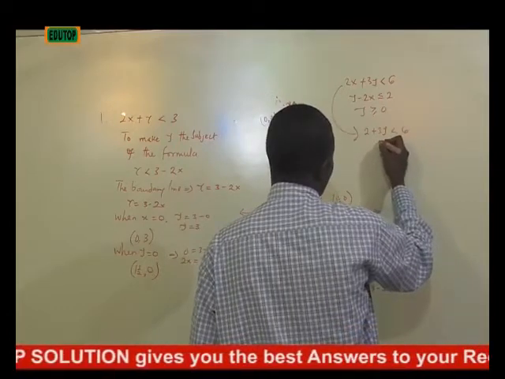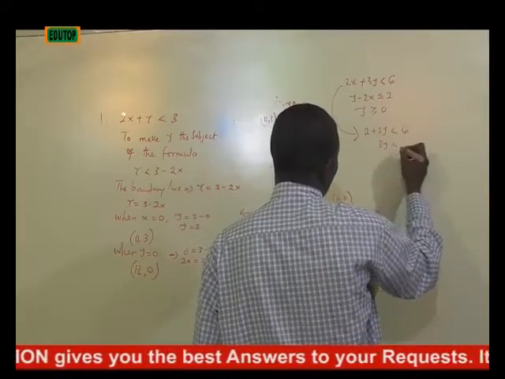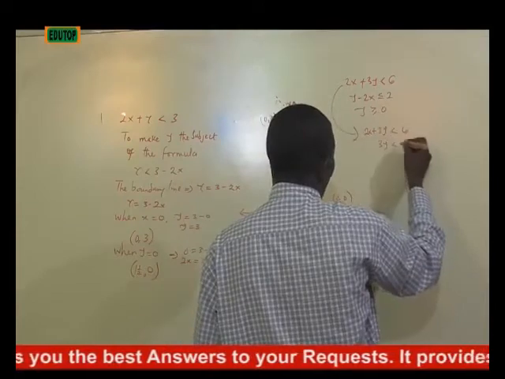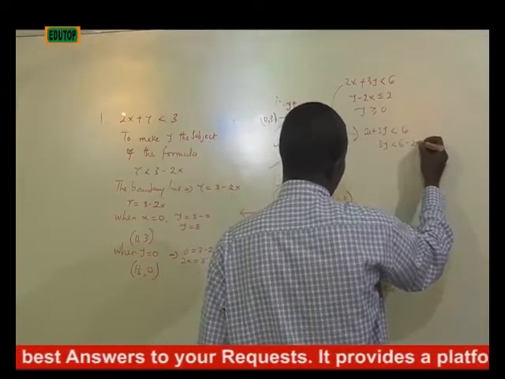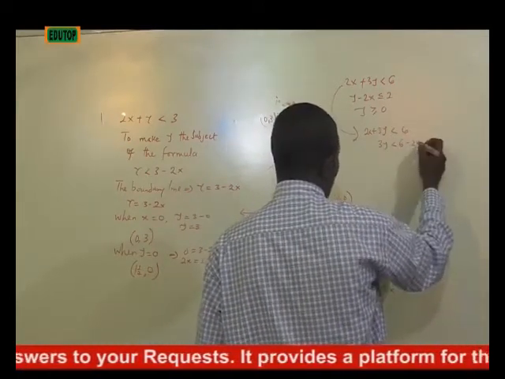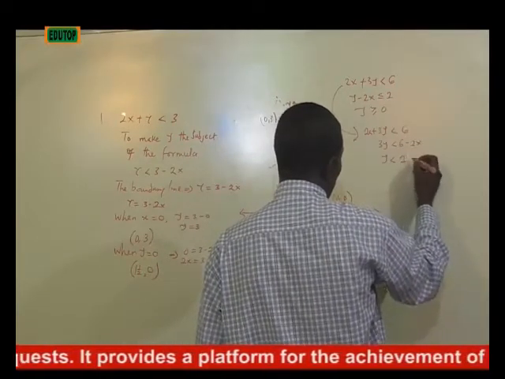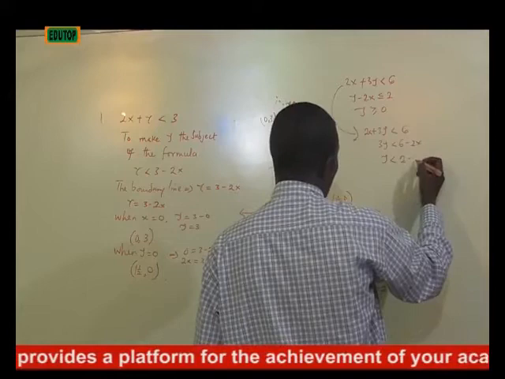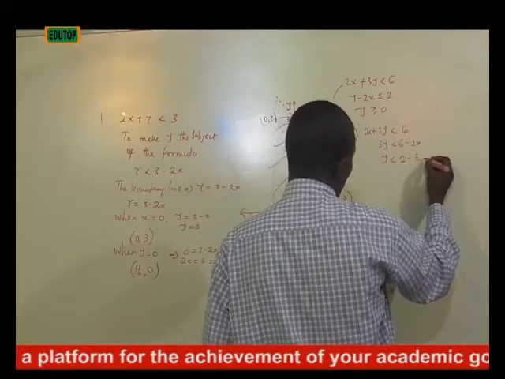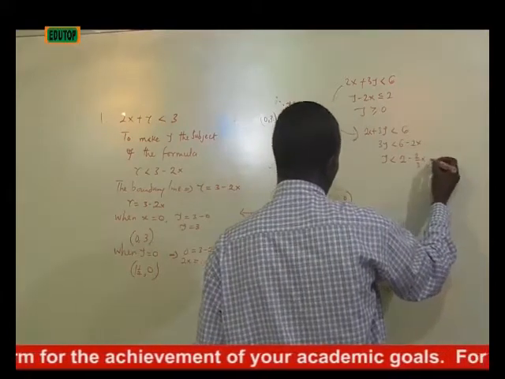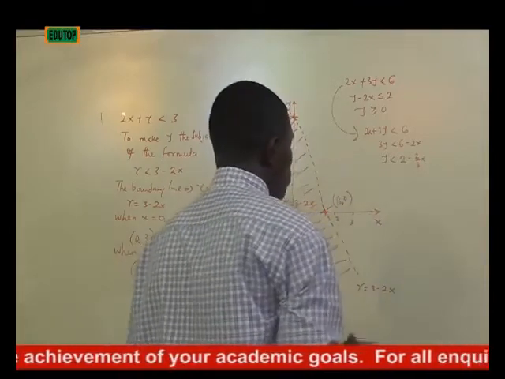Then 3y will be less than 6 minus 2x. When we divide both sides by 3, we have y less than 2 minus 2 over 3x. So that is what we are going to have.